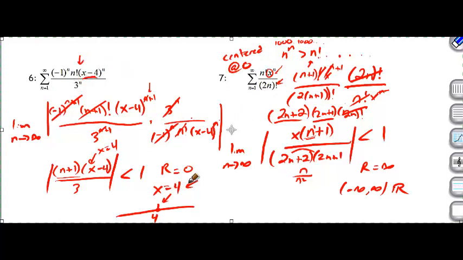You always have x minus the center. It could be that it's all real numbers, or it could be that it's some sort of interval, like 4 to 5. But if it is an interval, you have to check your endpoints, which is, at least my, least favorite part of the game. These two were kind of tough with the ratio test and all, but when I don't have to check the endpoints, it makes my life a whole lot easier.